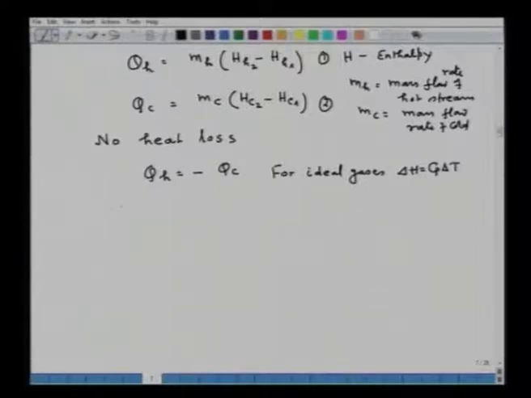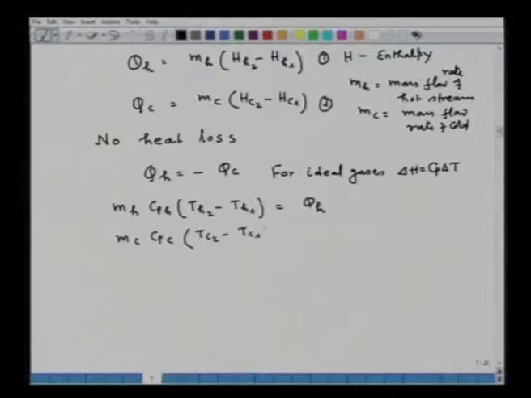So, we can write down mH CpH (TH2 minus TH1) equal to QH, and mC CpC (TC2 minus TC1) equal to QC.